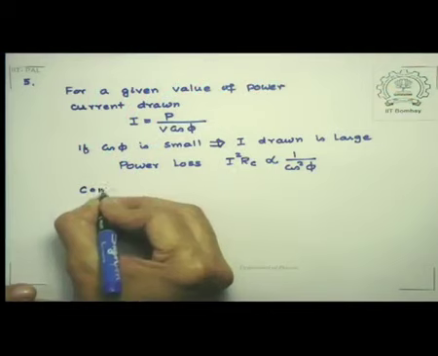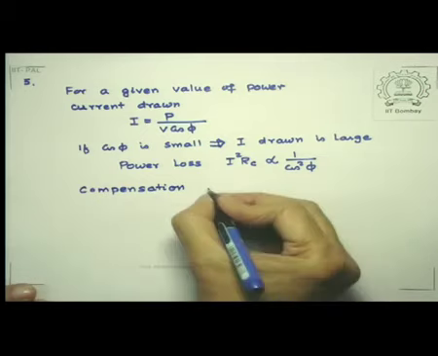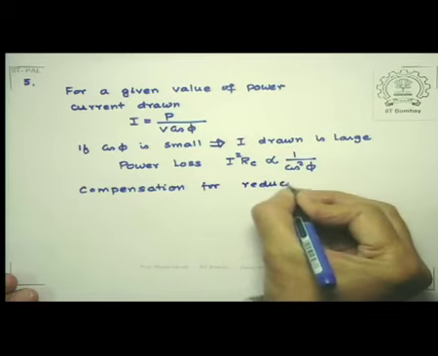And the reason why we are having this situation is that the apparent power is substantially different from the true power, and that arises because there are reactive elements in the circuit. So therefore, if we could somehow compensate the reactive elements, so compensation for reducing apparent power, we will illustrate our ideas with a specific example.